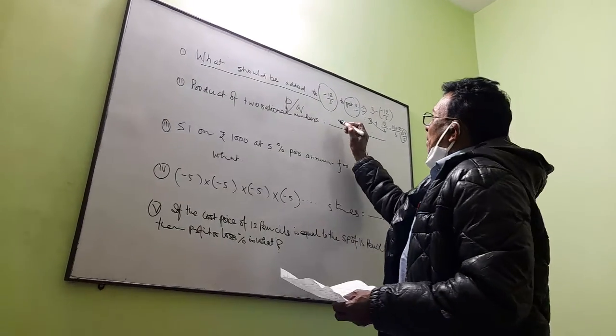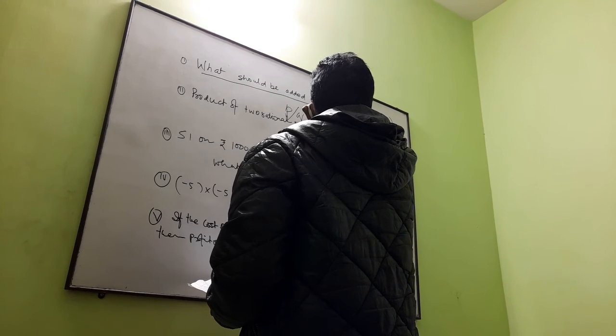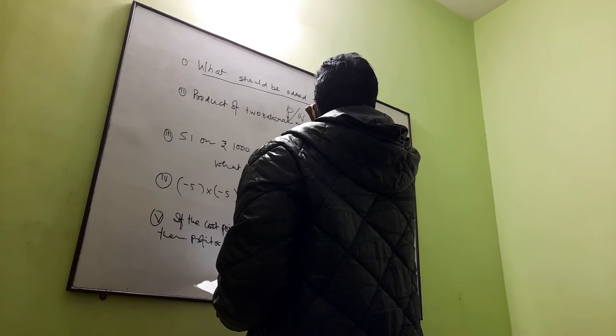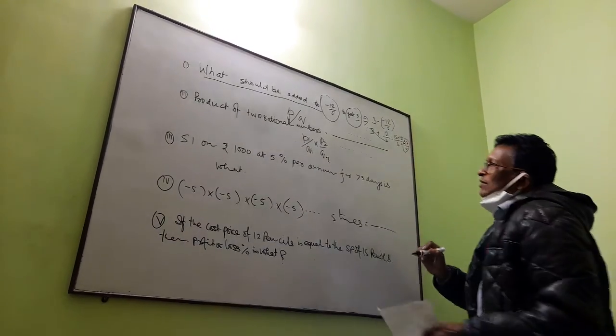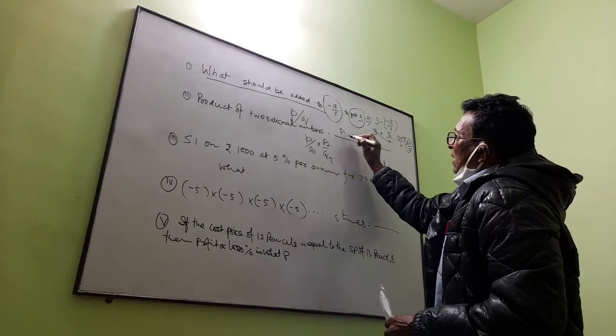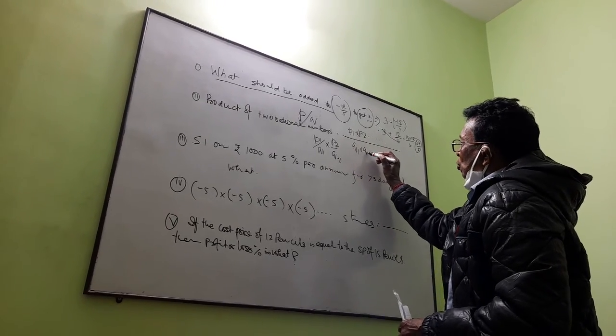So the simple question was the product of two rational numbers. Suppose it is p1 by q1 into p2 by q2. So what will be the product? It will be p1 into p2 by q1 into q2.